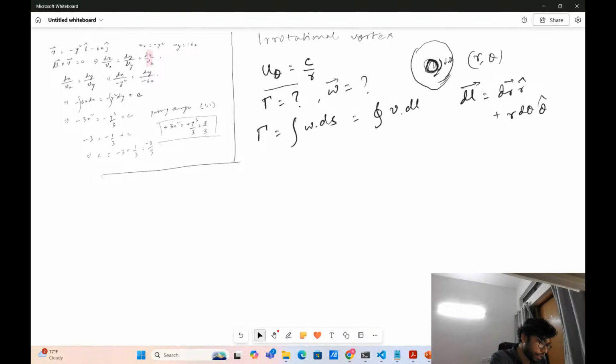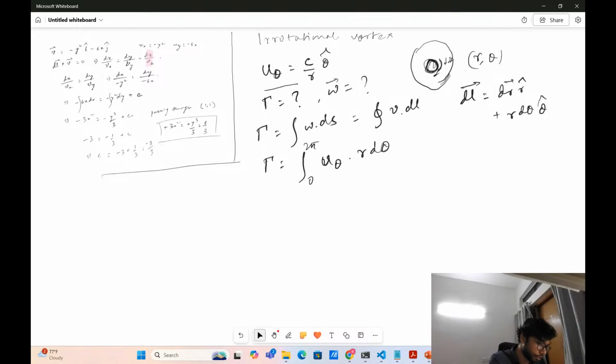So if we use the second formula, gamma is basically the integration of v dot dl. Here you have only the theta component, u theta dot r d theta, right? So this is theta hat, and theta hat dot theta hat is 1. So u theta times r d theta, and the integration limits would be 0 to 2 pi.